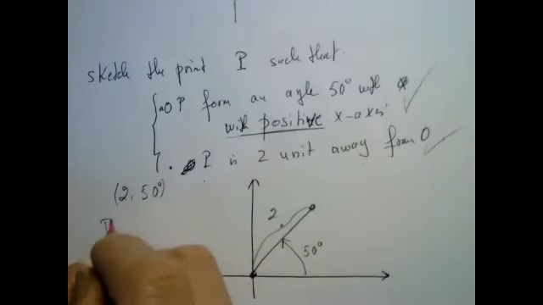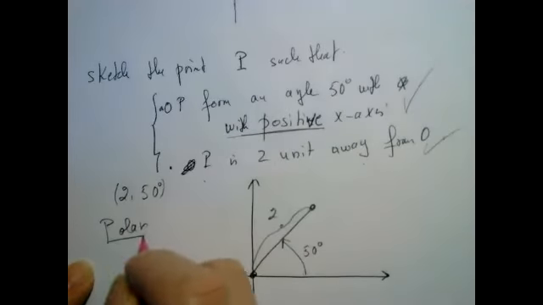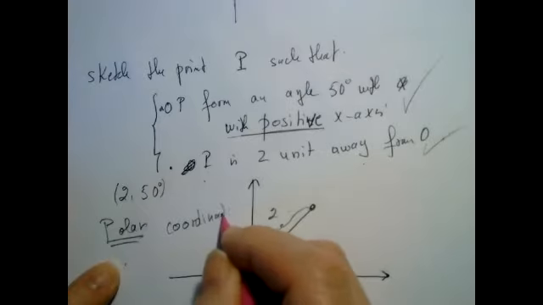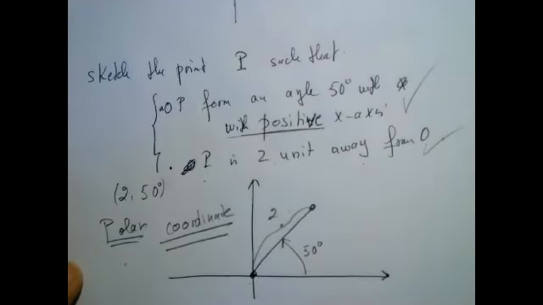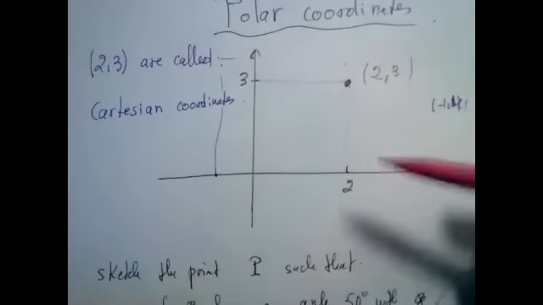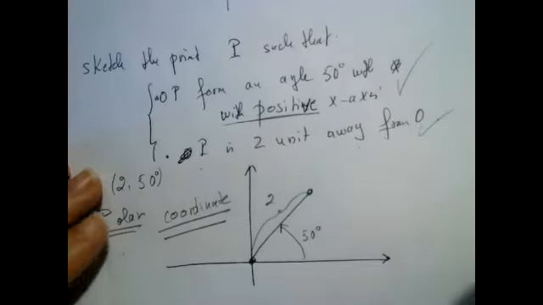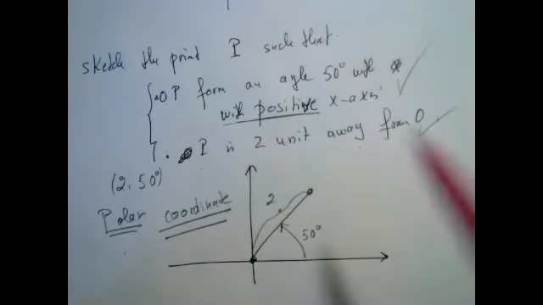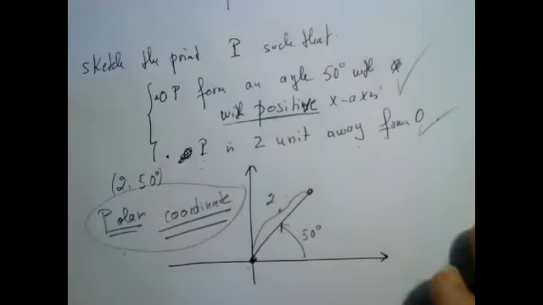That's the idea: I want to tell you where the point is. I can tell you the x and y, but there is another way, which is very important. I tell you the angle, and I tell you how far it is from the origin. What we get is called the polar coordinates.